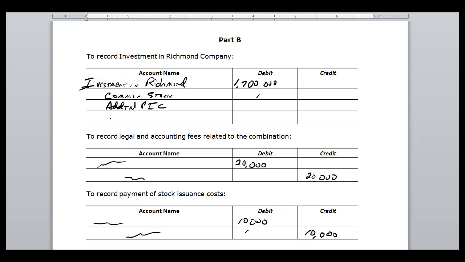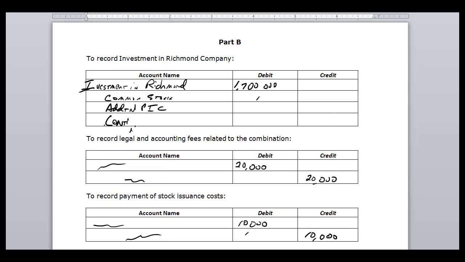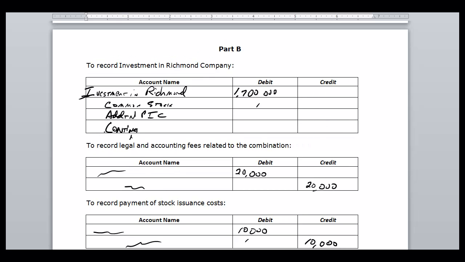And then the other thing I need to bring onto my books, as part of the purchase price, is that contingent performance obligation of $100,000. That's going to be a liability.